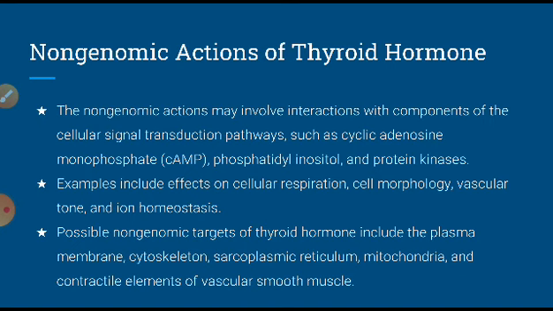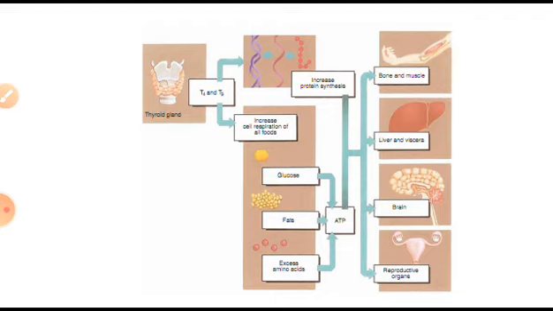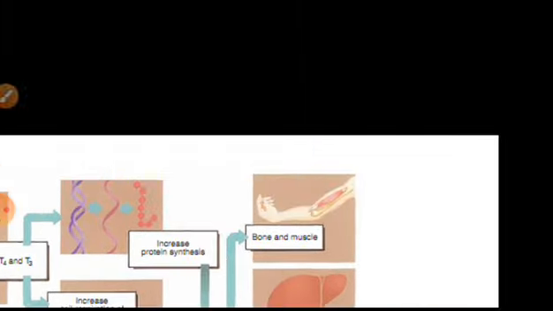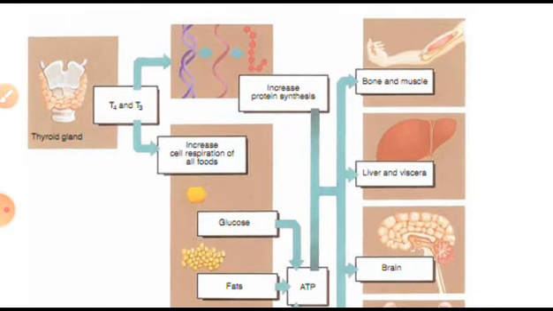Examples include effects on cellular respiration, cell morphology, vascular tone, and ion homeostasis. Possible non-genomic targets of thyroid hormone include the plasma membrane, cytoskeleton, sarcoplasmic reticulum, mitochondria, and contractile elements of vascular smooth muscles. Here you can see clearly the genomic and non-genomic effects of the thyroid hormones. You can find T3 and T4.